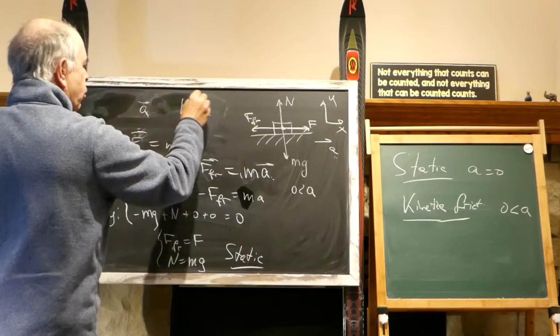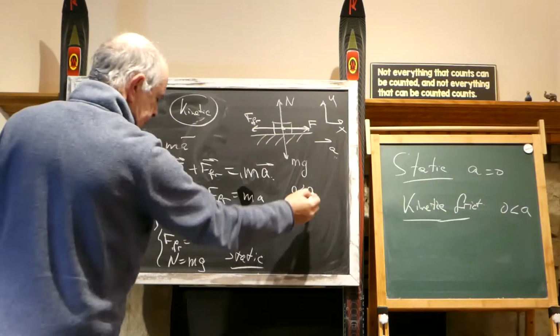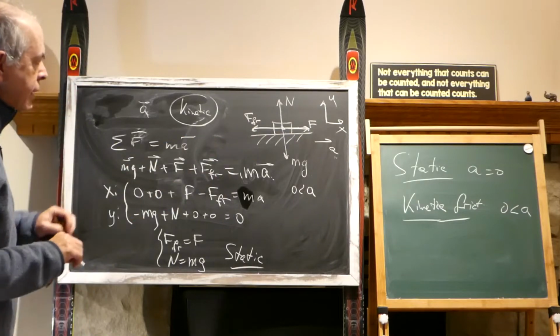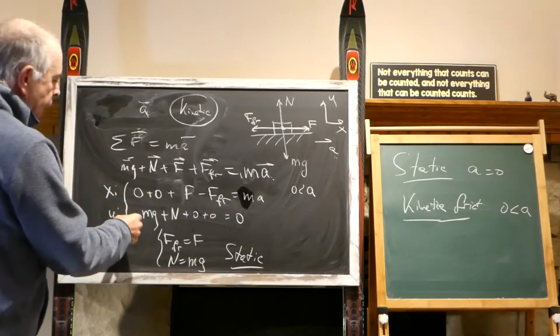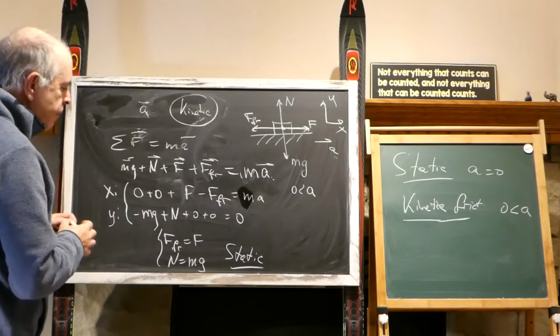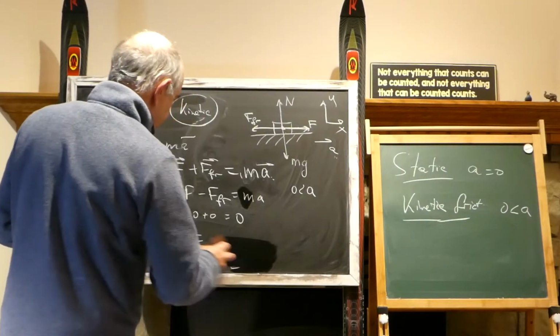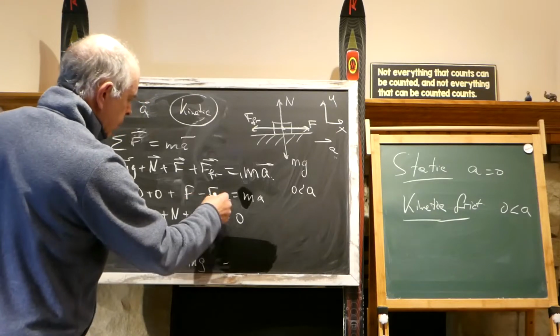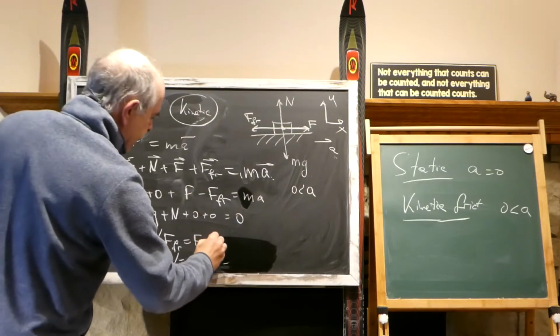Kinetic friction, not static, because A is greater than 0. It's real sliding of one body on another, no rest. And this would be the same, and so let's check. F friction equals F minus ma.